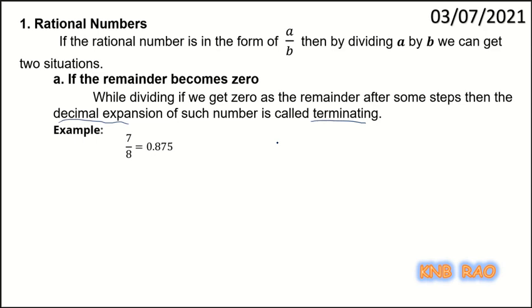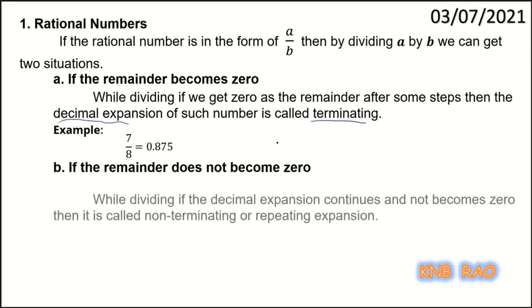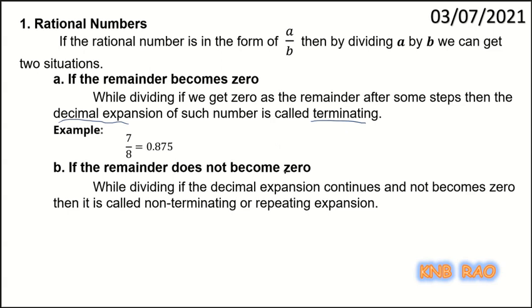And what would be the second situation? The second situation is if the remainder does not become 0 when we are dividing an integer a by another integer b, we get that decimal expansion being non-terminating but repeating or recurring. This repeating can also be called as recurring.